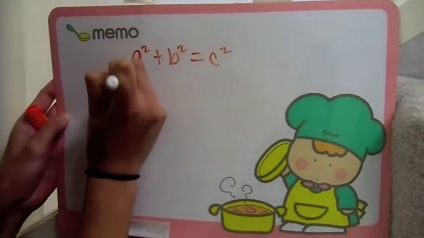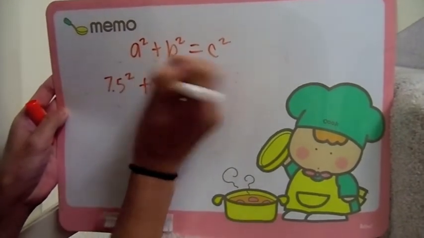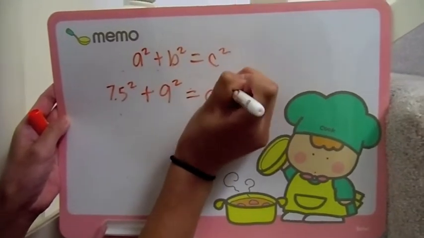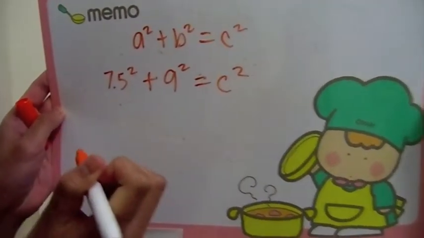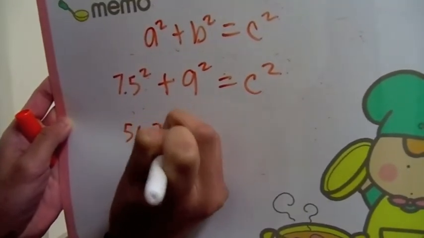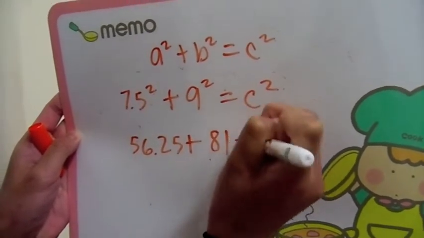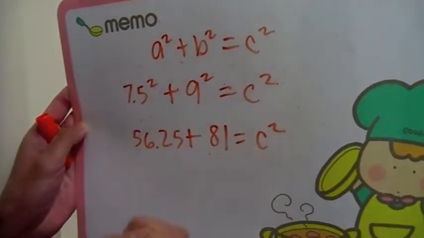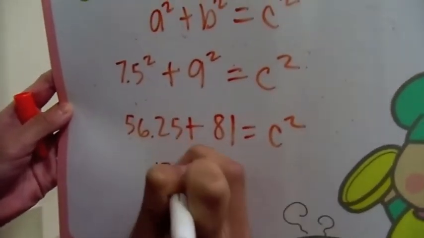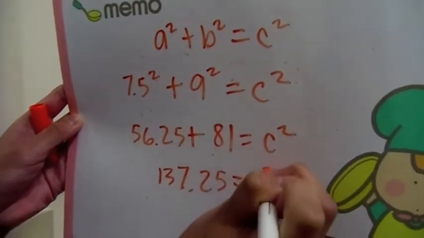Side A was 7.5, so you'll do that squared, plus 9 squared equals c squared. 7.5 times 7.5 is 56.25, and 9 squared is 81. 81 plus 56.25 is 137.25, and that equals c squared.